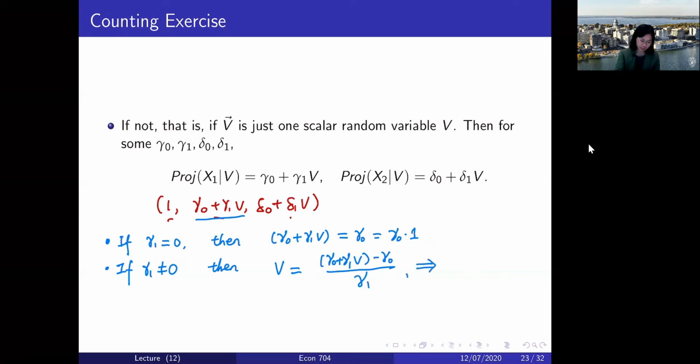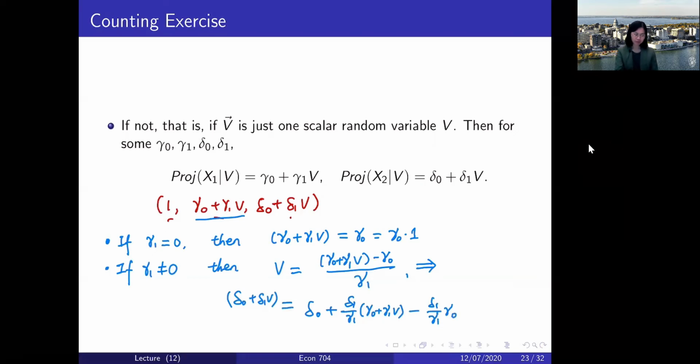And that implies the third component, delta 0 plus delta 1 V, equals delta 0 plus delta 1 divided by gamma 1 times the second component, minus delta 1 divided by gamma 1 times gamma 0.